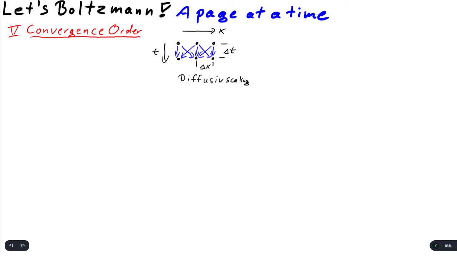When we use diffusive scaling, what we mean is that delta x is regarded to be proportional to a smallness parameter epsilon, and delta t is proportional to epsilon square, and epsilon is larger than 0.